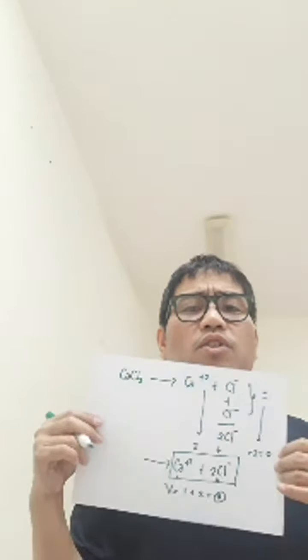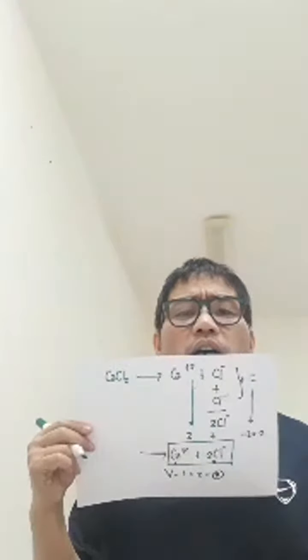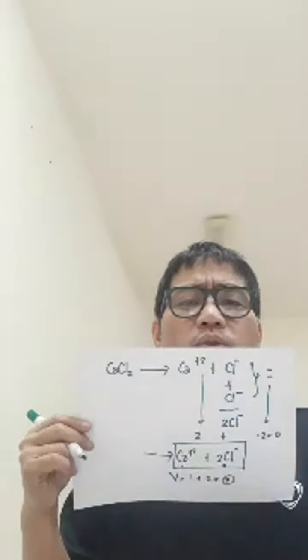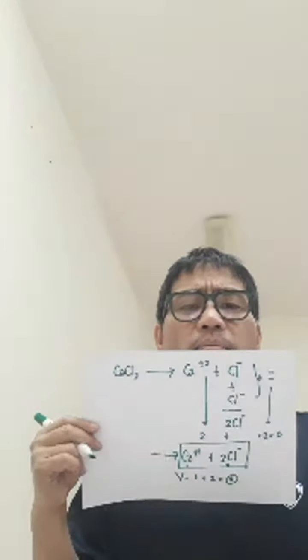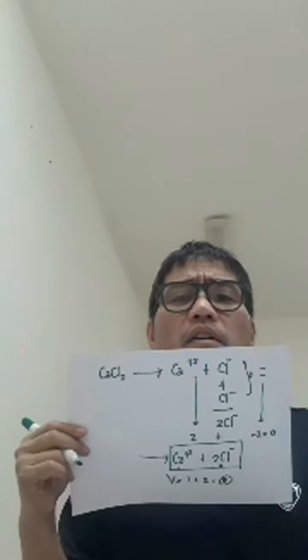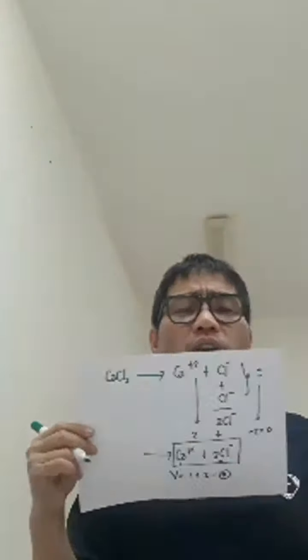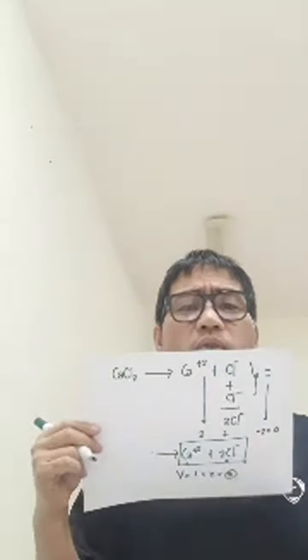One for calcium and 2 for chloride. That is the total number of ions: 1 for calcium plus 2 for chlorides. So 1 plus 2 is equal to 3. Now we will compute the dissociation factor, and the Van't Hoff factor will also be equal to 3.